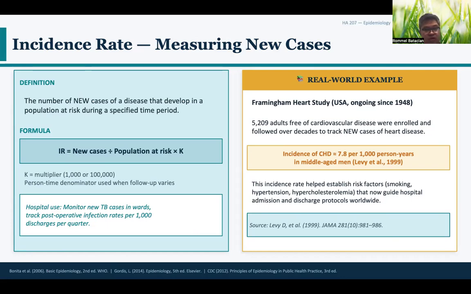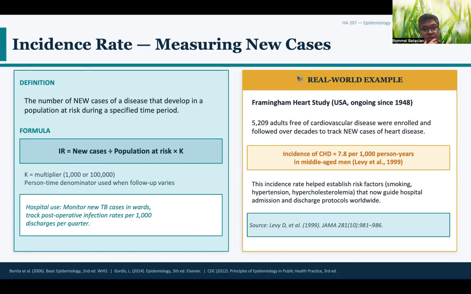Initially, they enrolled about 5,209 adults that did not have any cardiovascular disease, and they were tracked for decades, not just years, generation after generation, to check who develops heart disease. So the Framingham Heart Study has become a gold standard for incidence studies because they started with a population that doesn't have the disease and then observed them over time.